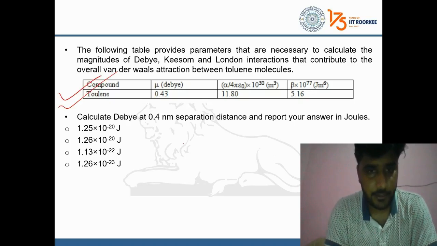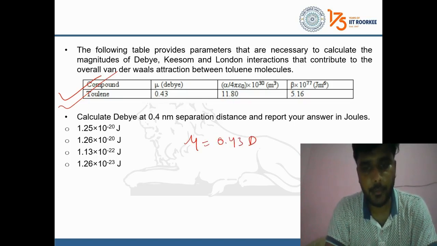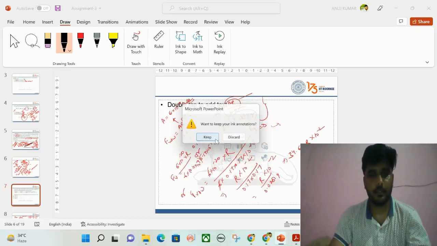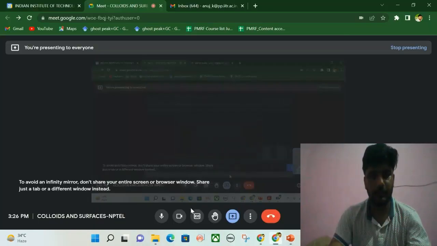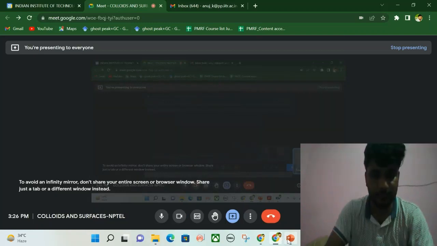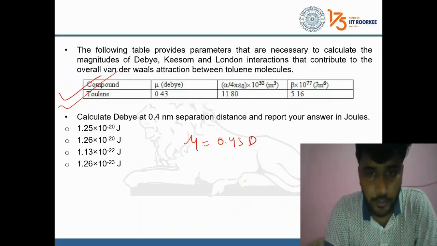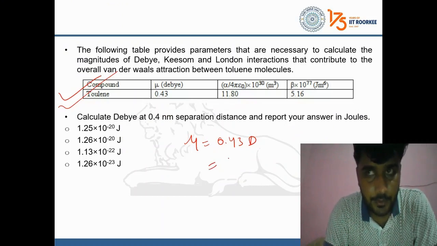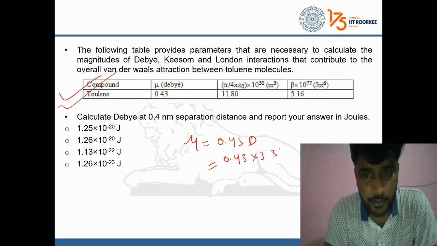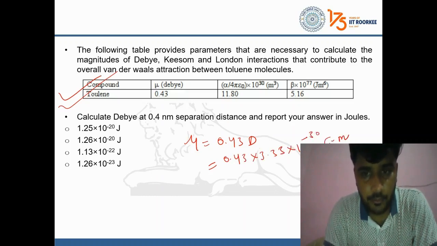First is the mu value, that is 0.43 Debye, that is the dipole moment, which is 0.43 times 3.33 times 10 raised to minus 30 coulomb meter.